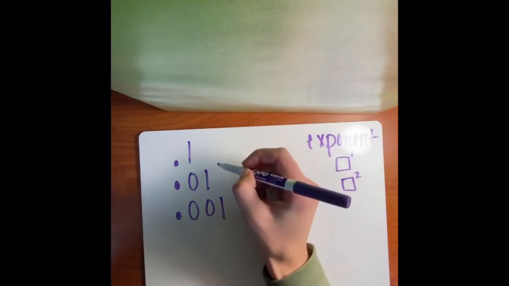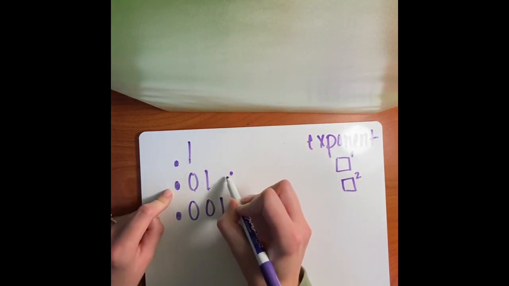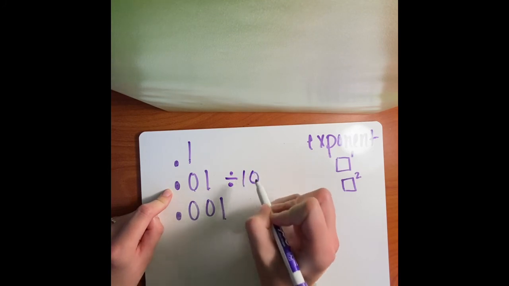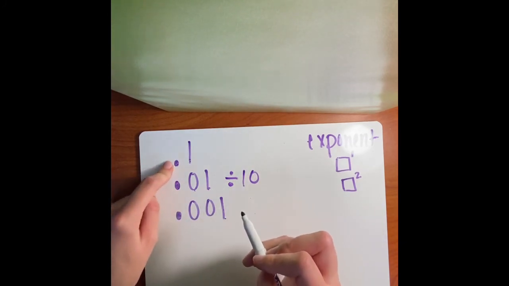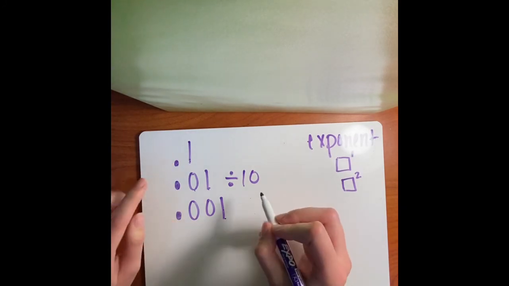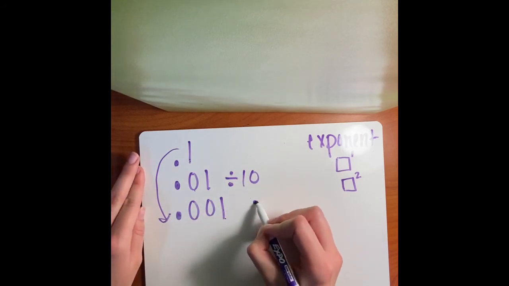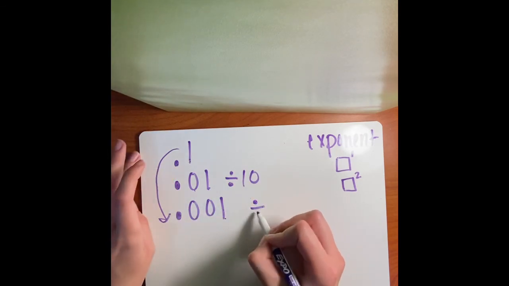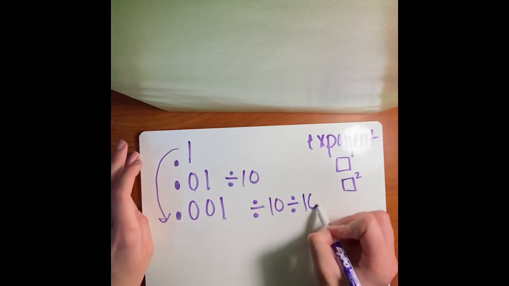Okay, so we would say that this is divided by 10. And that to get from 1/10 to 1,000th, from here to here, we are going to divide 1/10 by 10, and then divide that by 10 again.